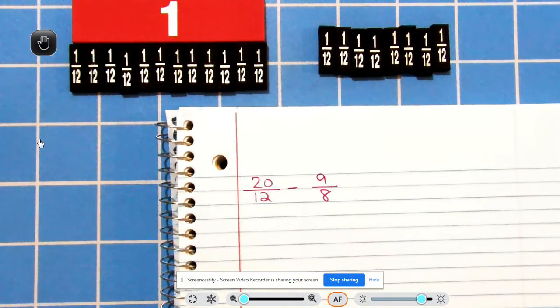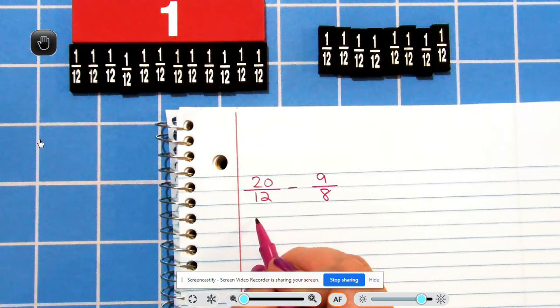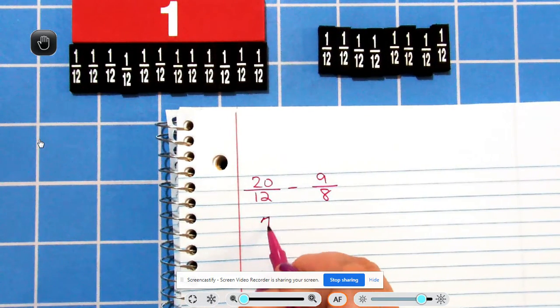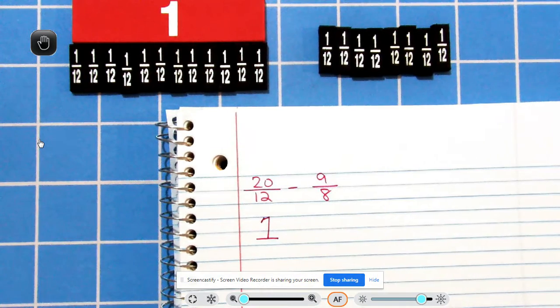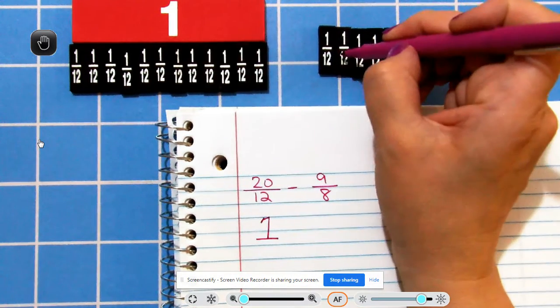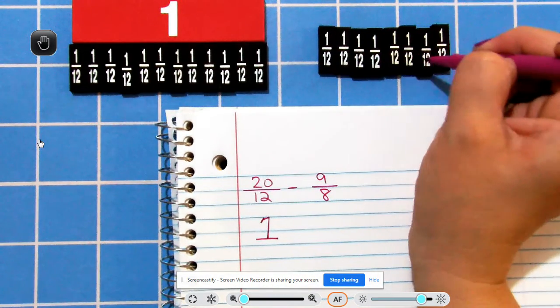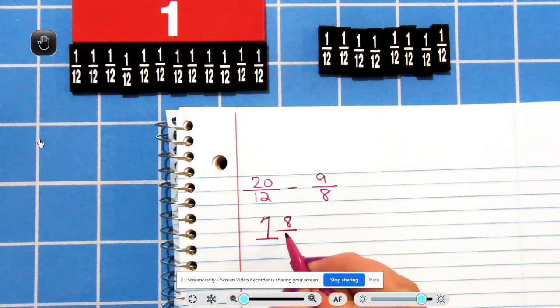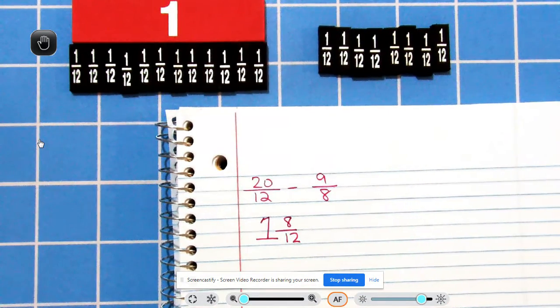The improper fraction 20/12 is equivalent to 1 whole and 1, 2, 3, 4, 5, 6, 7, 8 twelfths. 1 and 8 twelfths.